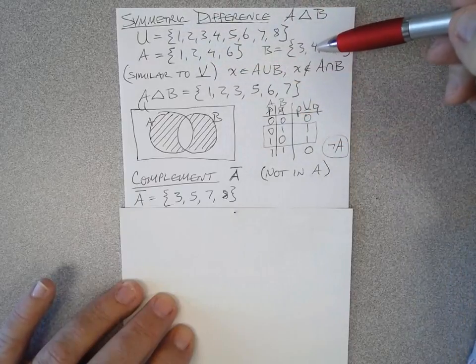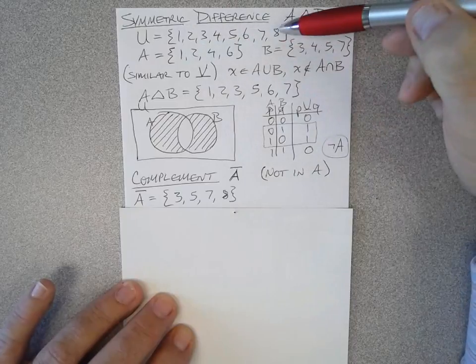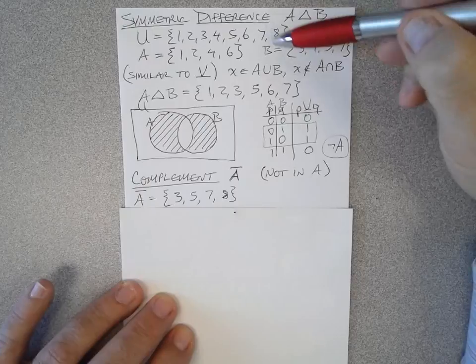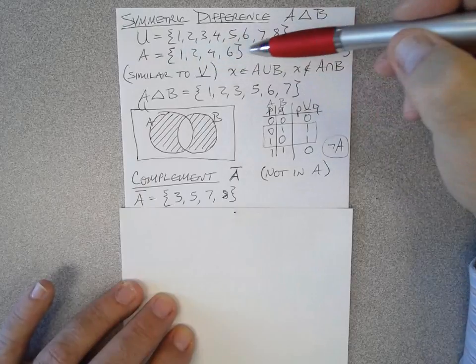Well, you might think, well, that must be B. Well, no, it's not just B, because that includes some of A, but it also includes those elements that are outside of B. So when we say not in A, 8. Okay?